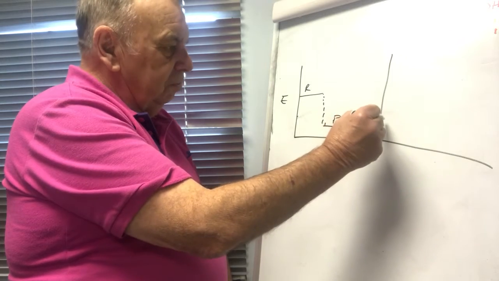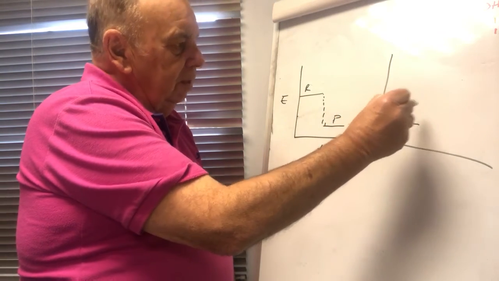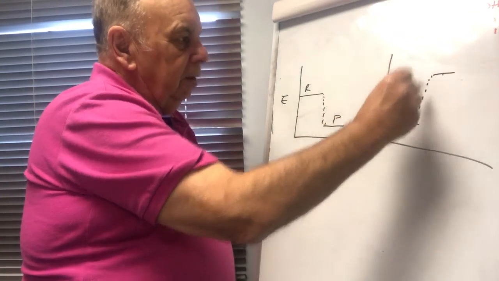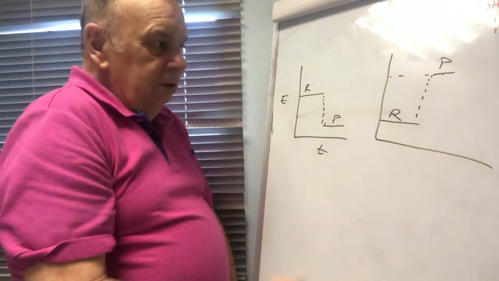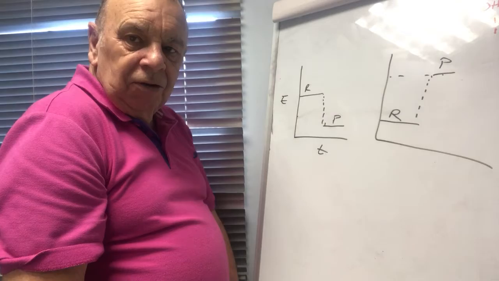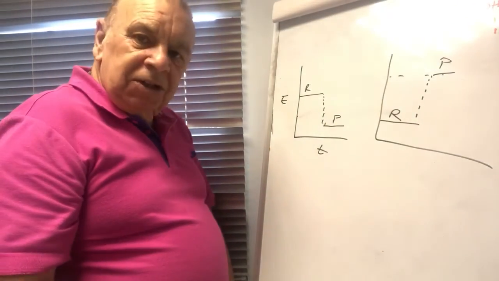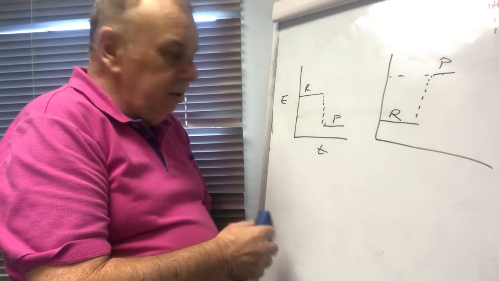And let's take the converse. If I took something like the reactants here, and there's the products there, that difference is absorbing energy from the surroundings. So that is the difference between an exothermic and an endothermic reaction.